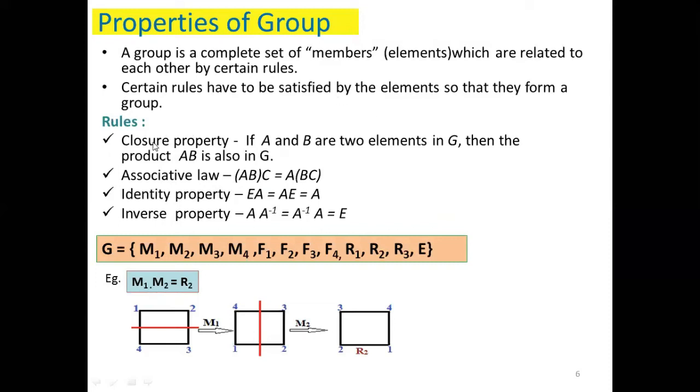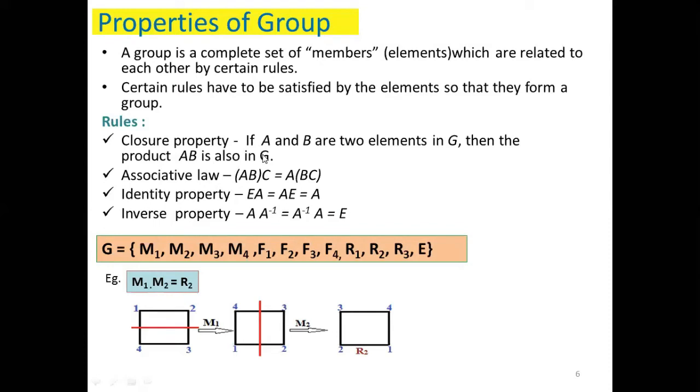So what are the properties? Closure property: if A and B are two elements that belong to group G, then the product AB should also be present in G. Otherwise, when we perform addition of these two, the result of that addition should also be present in G. Then we call that the closure property.